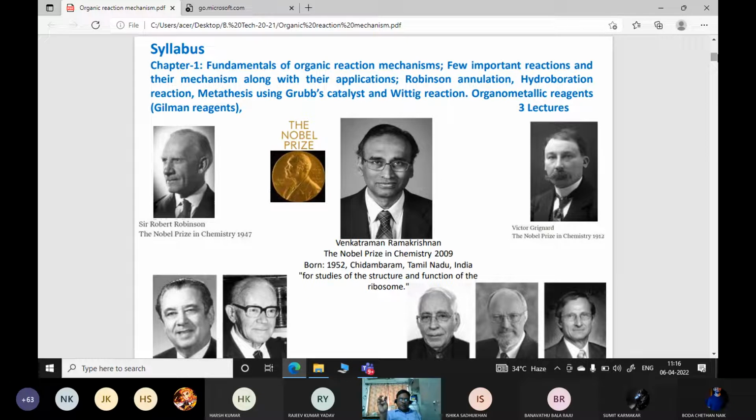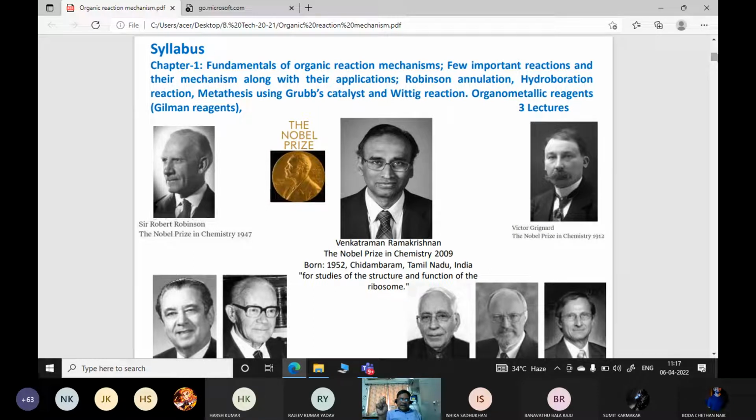If the reaction mechanism is not at all established, meaning not all the steps, particularly those involving transition states or intermediates, are established, then the reaction is known as most probable mechanism. So all these things are related to the mechanism.